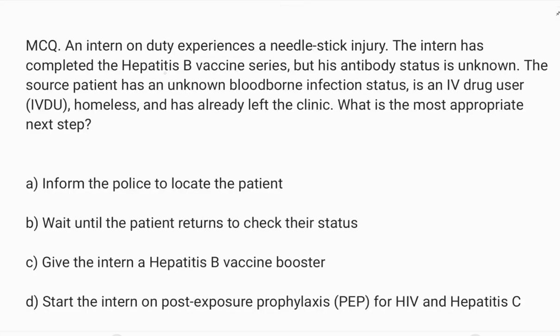An intern on duty experienced a needlestick injury, unfortunately. The intern has completed his hepatitis B vaccination series already, but his antibody status against hepatitis B virus is not known.